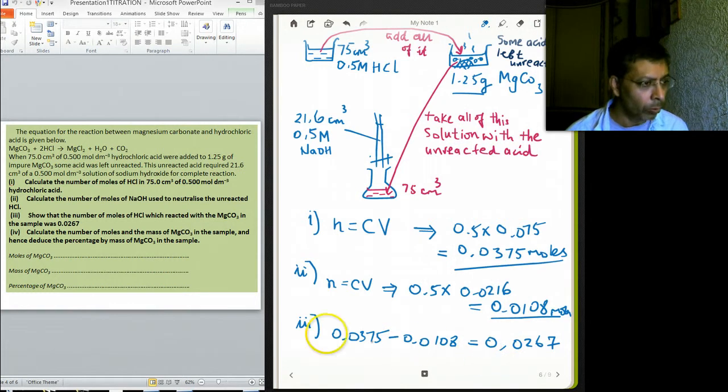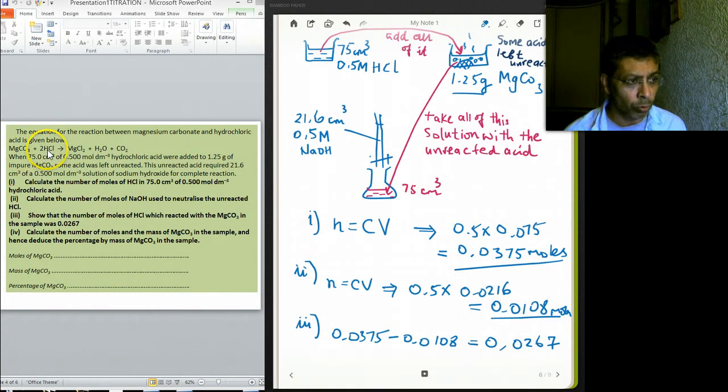Okay, part 4. Calculate the number of moles and the mass of magnesium carbonate in the sample, and hence deduce the percentage by mass of magnesium carbonate in the sample. First of all, calculate the number of moles and the mass of magnesium carbonate in the sample. Looking at our equation here, 1 magnesium carbonate reacts with 2 hydrochloric acids, so we can work out the moles of magnesium carbonate by ratio.